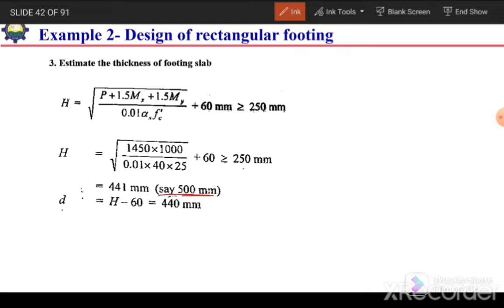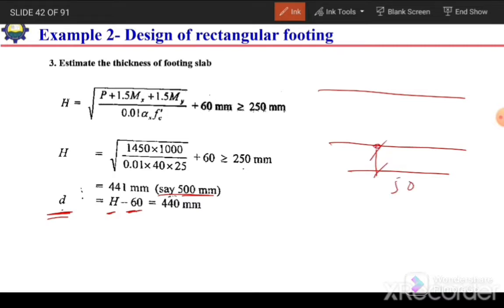So if H is 500 millimeter, we can calculate the effective depth, H minus 60. This 60 is because we assume that the clear cover is about 50 and the diameter of the bar which we are using as flexural reinforcement of the footing is about 20 millimeter, so in that case it will be 10 millimeter, half of the diameter.